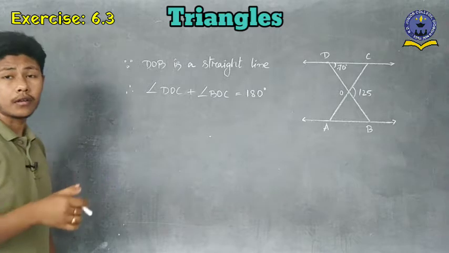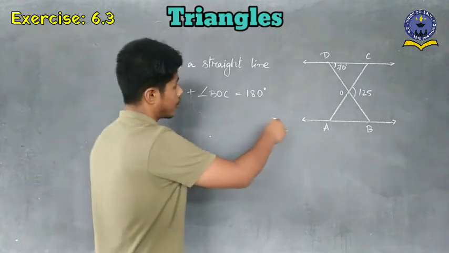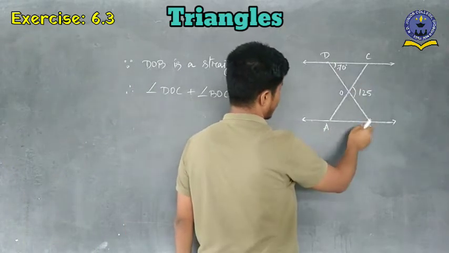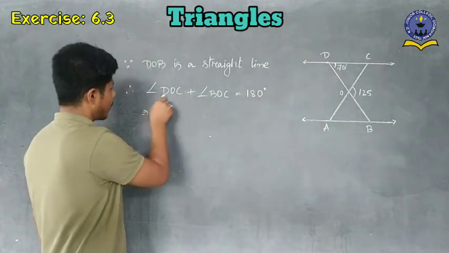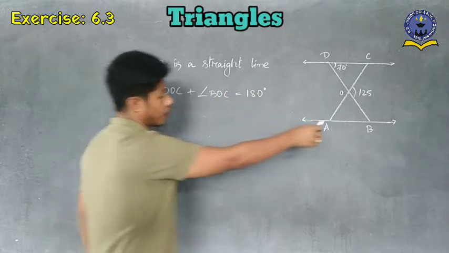Is it clear? The sum of these two angles is 180 degrees. That means one is DOC and another one is BOC.